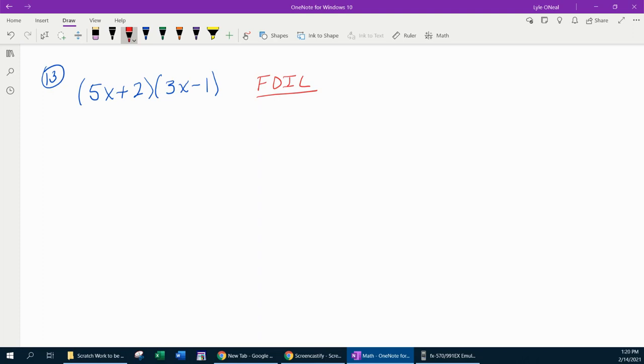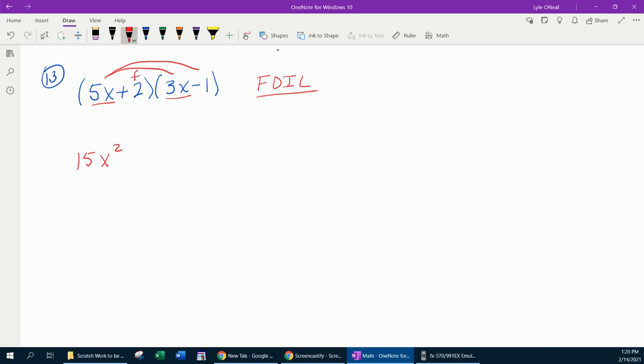So what we're going to do first is we're going to distribute the 5x to both of the terms in the second set of parentheses. So multiplying first, 5x times 3x. Remember I said that you multiply the coefficients, and if the letters are the same, add their powers. So that's going to give us an x squared.